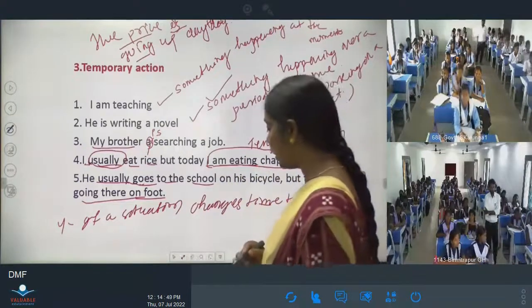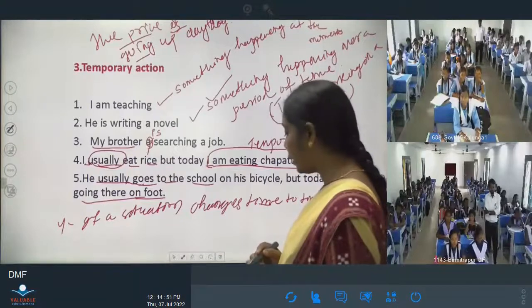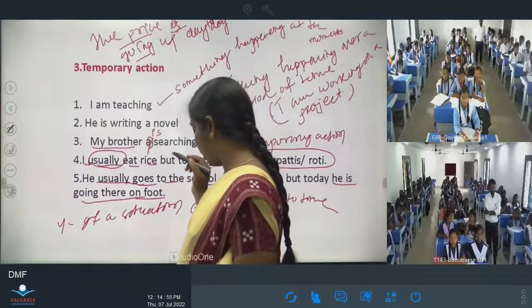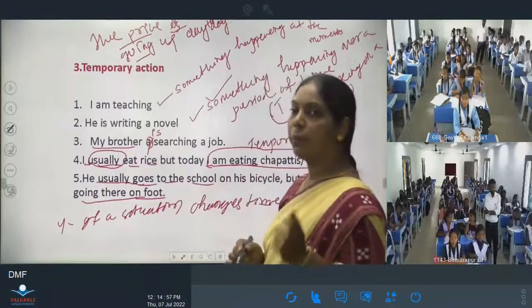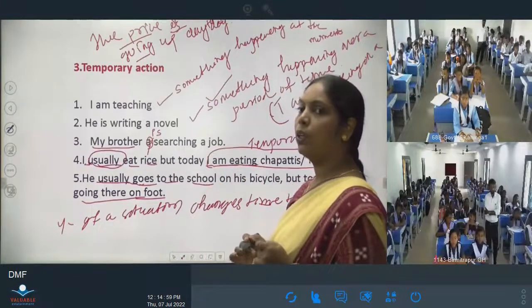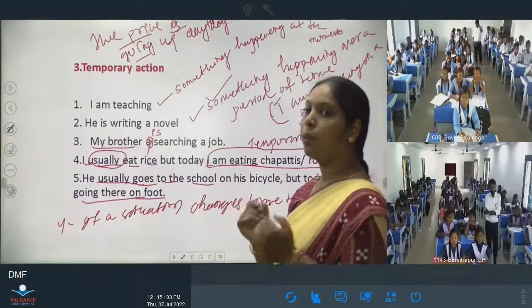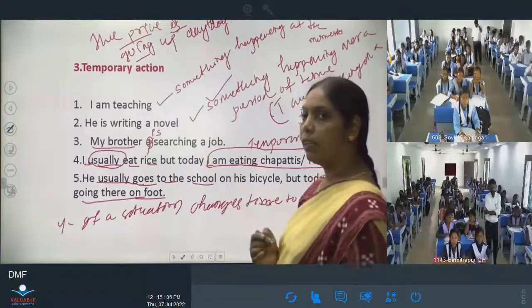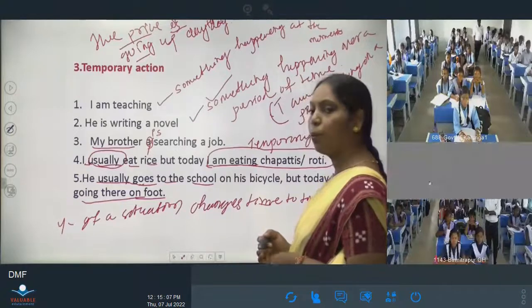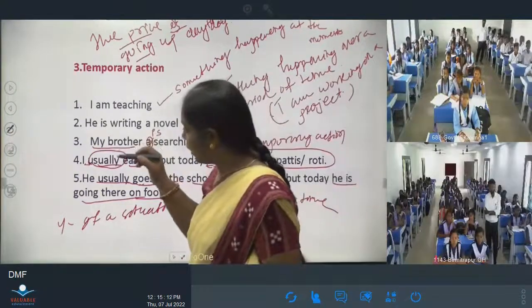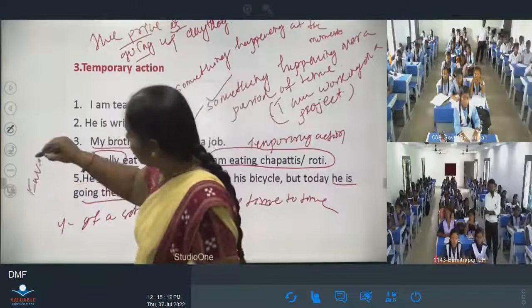Another example is here. The environment is getting hotter gradually. In that case, we use present progressive tense. The environment is getting hotter day to day.